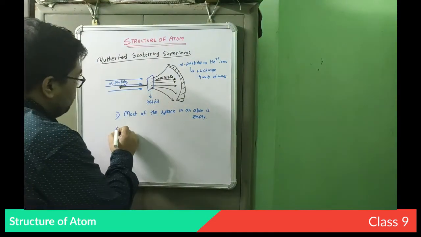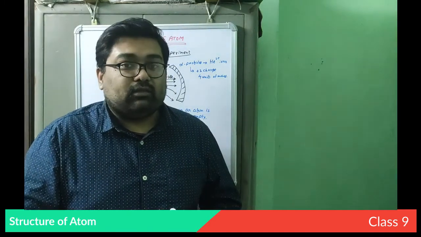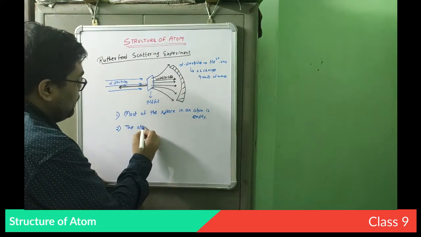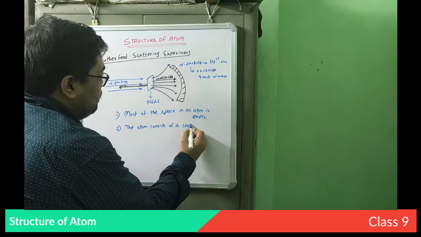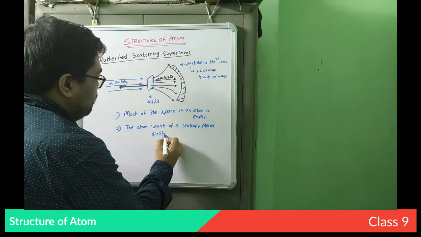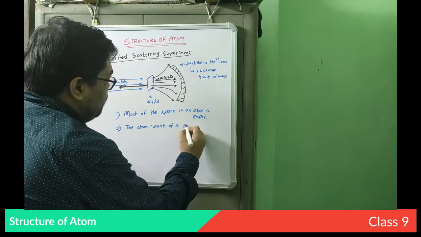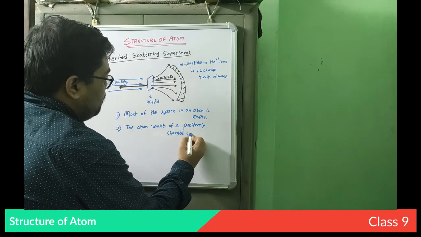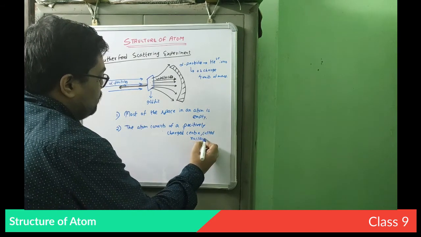Now in the second observation, what he noticed was that some of the particles were deflected at large angles. Now this implies that the atom consists of a positively charged center called the nucleus, right?